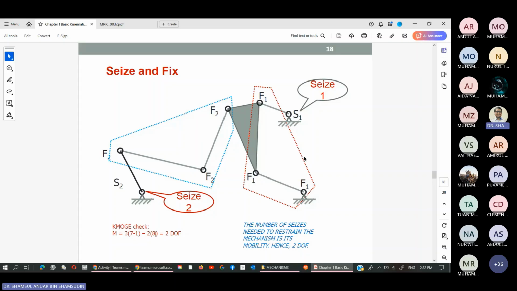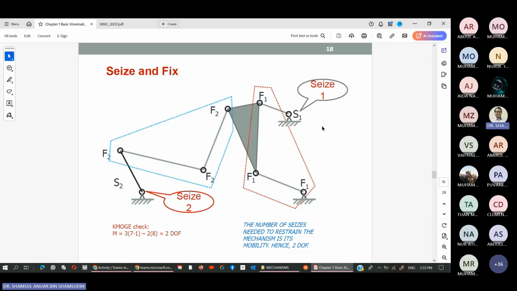So 2 DOF, let's take a look at this part. So this part between here, here, and here, if I seize this part, as if I glue or cement this link number 1 here, this is a four-bar mechanism.